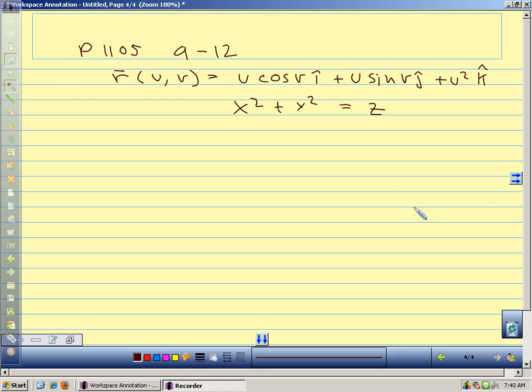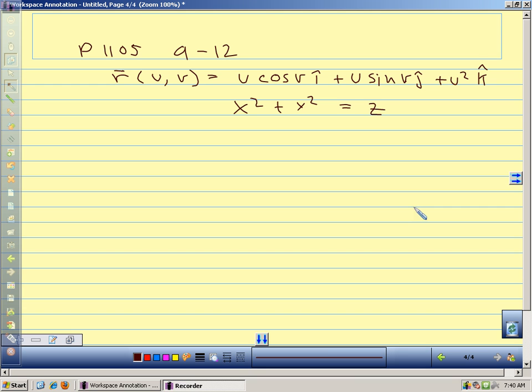Now the first one asks what happens if we have u cosine v i plus u sine v j minus u squared k. What's going to happen to the graph? It's going to flip. Yep, flip upside down.